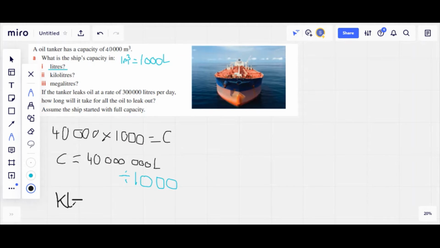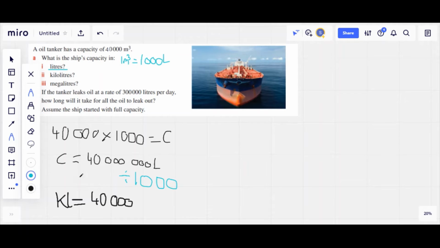So kiloliters is equal to 40,000. Another way that we can do this is 1 meter cubed is equivalent to 1 kiloliter. So you'll see that we've got the same amount that we had at the start here, 40,000.